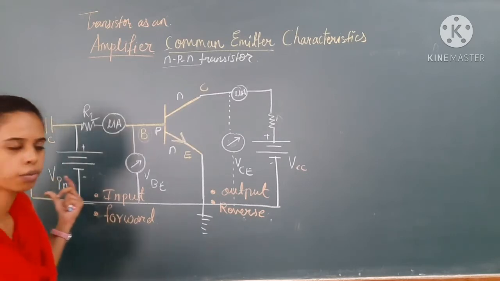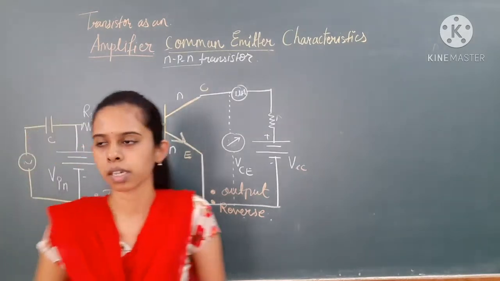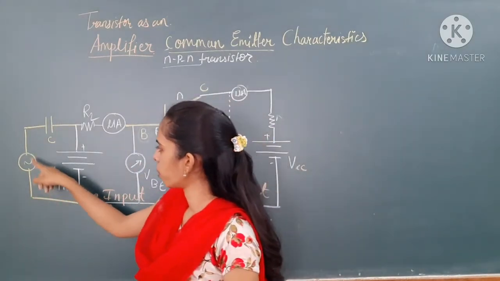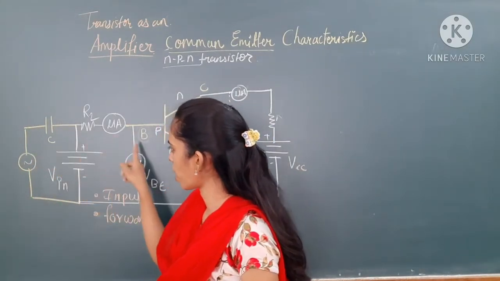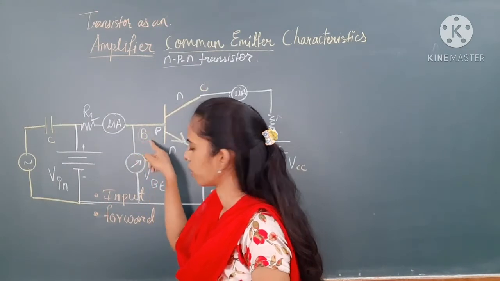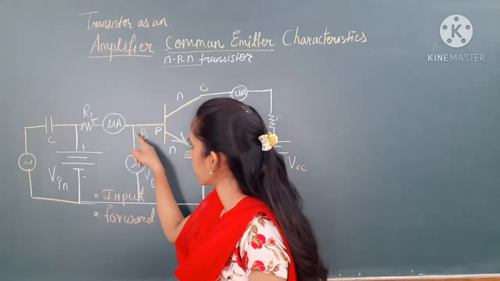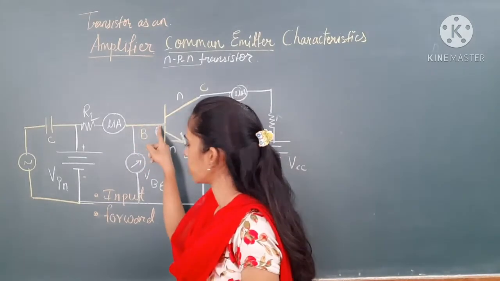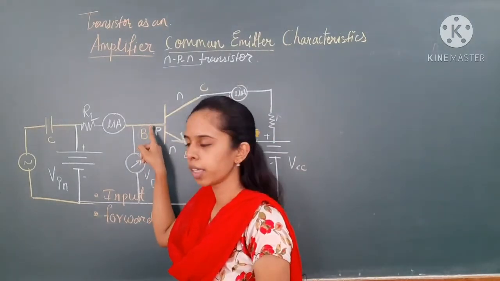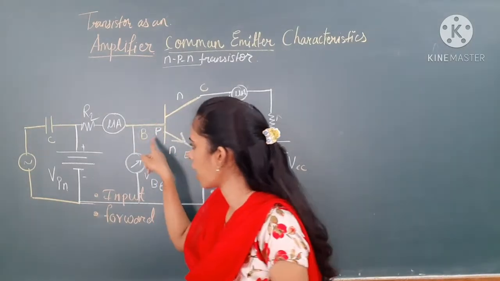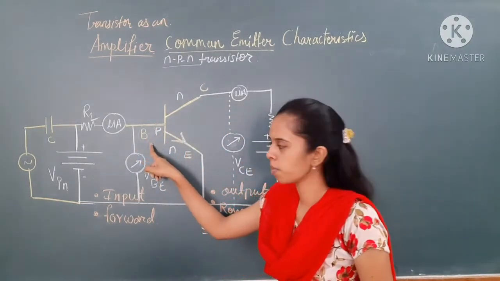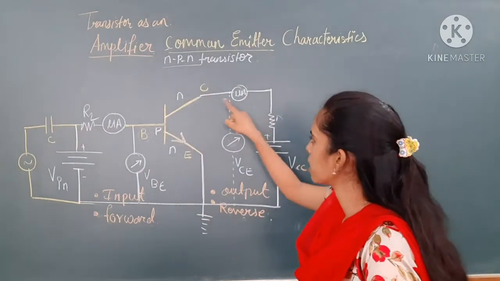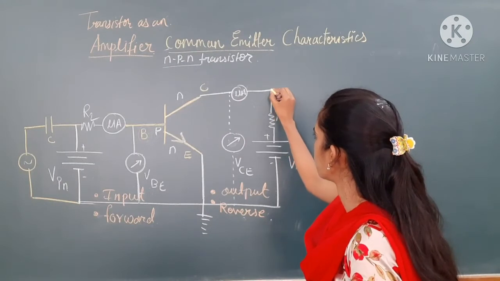This microphone is attached at the input side, and when an input is given to it, there is a change in the base current. The majority carriers, the holes, are increased, and due to this the collector current also changes, with a large difference.